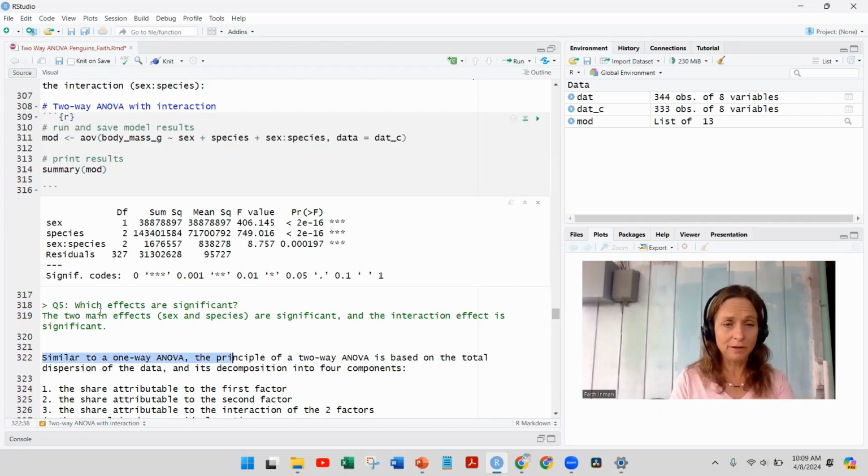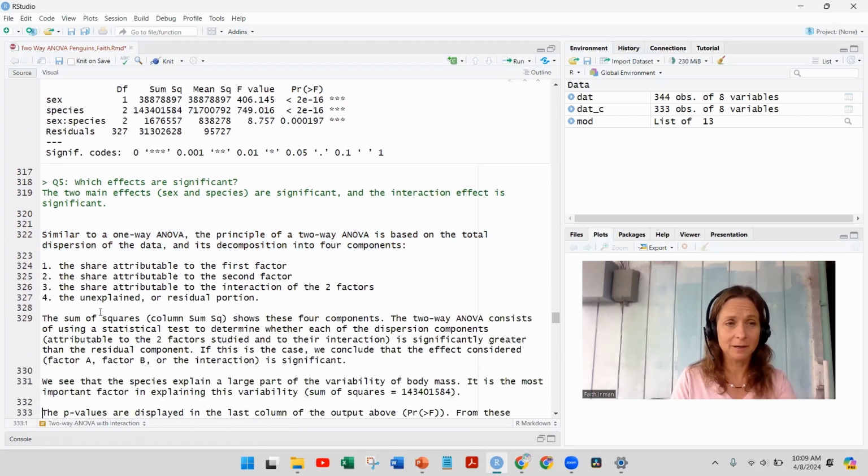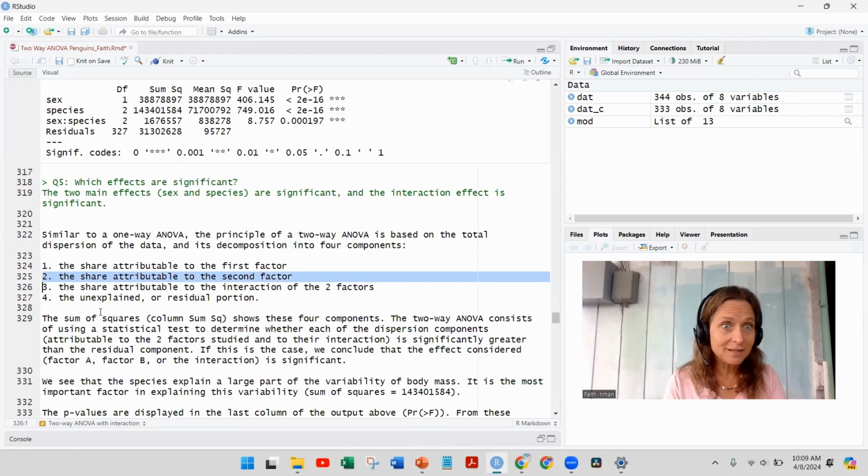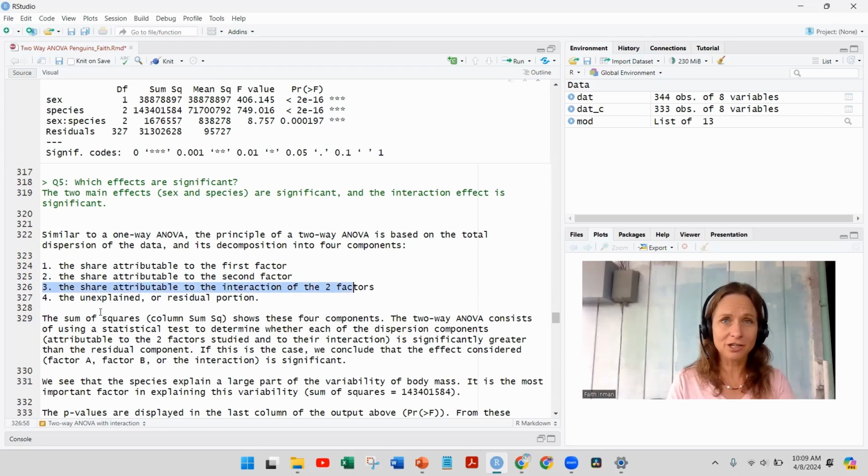Similar to a one-way ANOVA, the principle of a two-way ANOVA is based on the total dispersion of the data and its decomposition into four components. That is, 1, the share attributable to the first factor, 2, the share of the variance attributable to the second factor, and 3, the share attributable to the interaction of the two factors. 4, the unexplained or residual portion of variation, right?